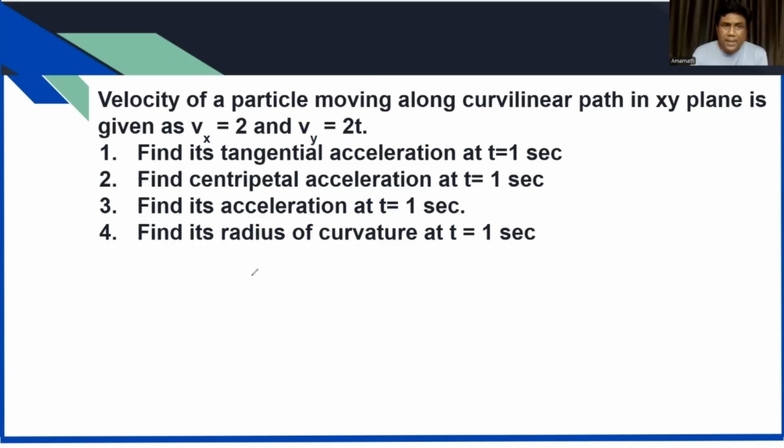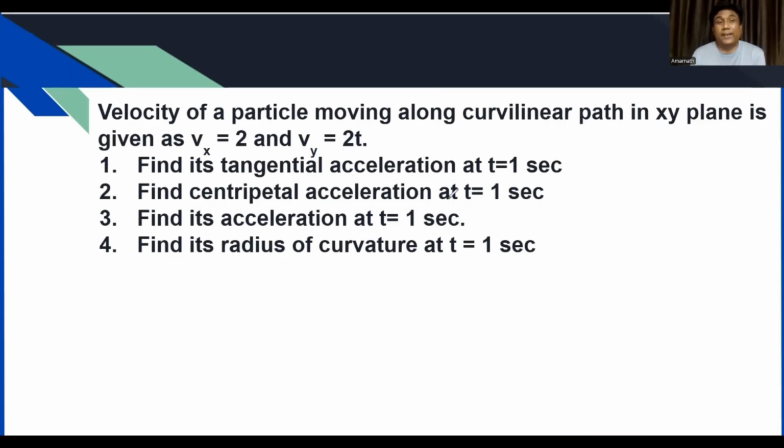Velocity of a particle moving along a curvilinear path in the xy plane is Vx equal to 2, Vy equal to 2t. Okay, say this is the x-axis, and this is, say, the y-axis. The particle is going somewhere, like this, whatever it may be. But Vx is 2.